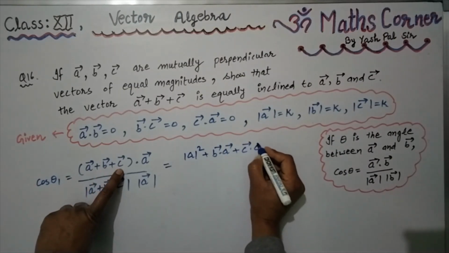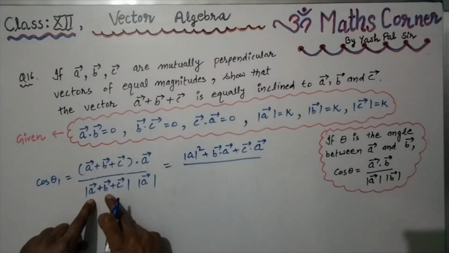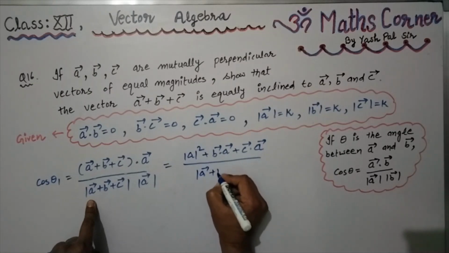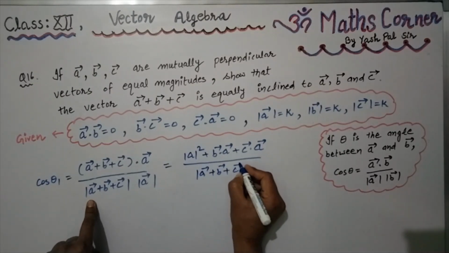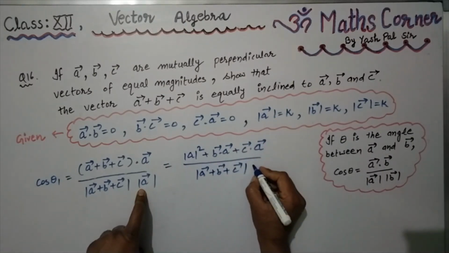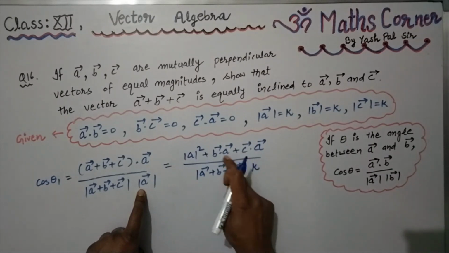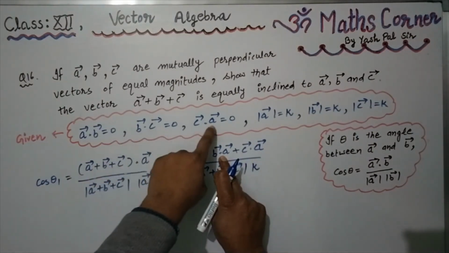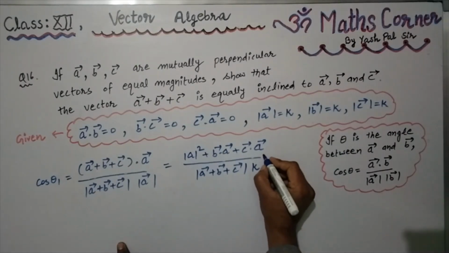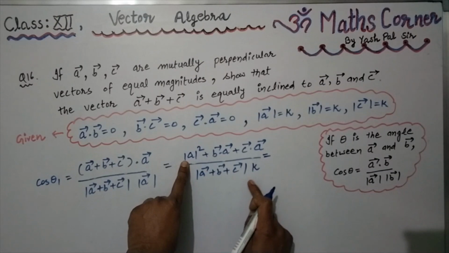So this is equal to A dot A, which is magnitude of A whole square, plus B dot A plus C dot A, divided by magnitude of A plus B plus C, and magnitude of A is taken here as K, right?